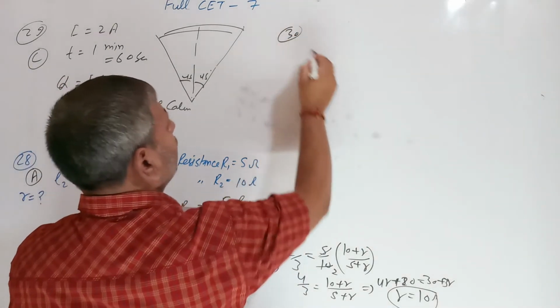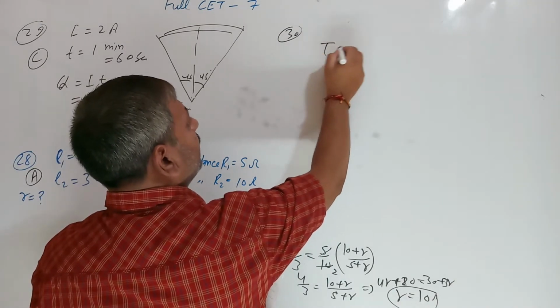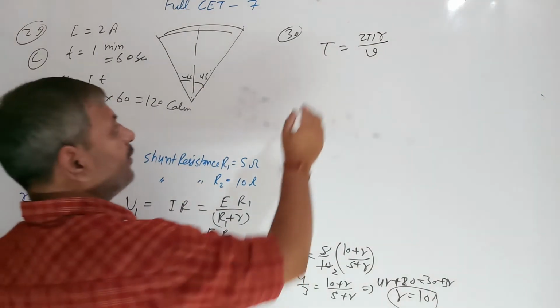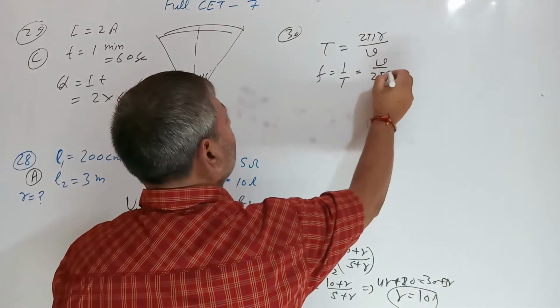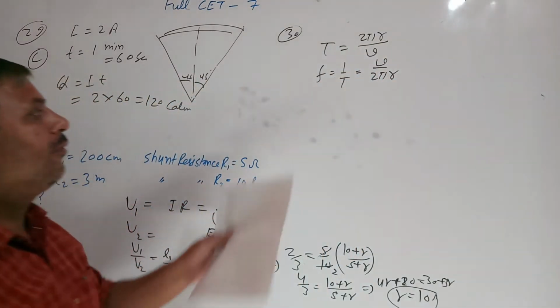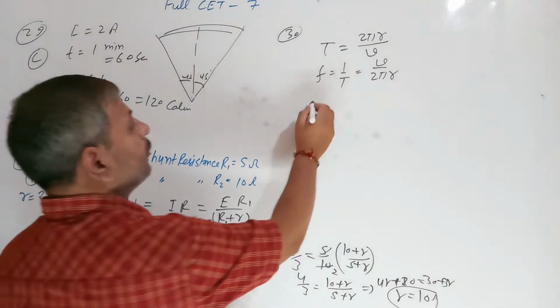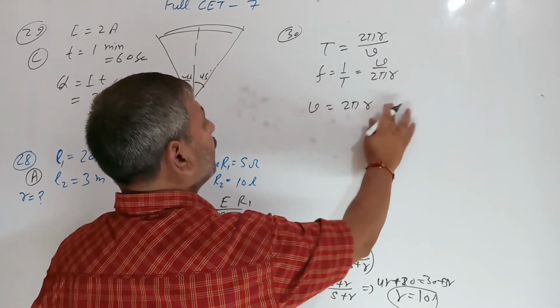For the cyclotron, see here, T is equal to 2 pi r upon v. The frequency f is equal to 1 upon T, meaning v upon 2 pi r. So cyclotron frequency f is equal to v upon 2 pi r. So v is equal to 2 pi r f.